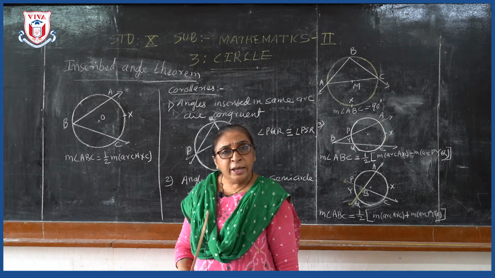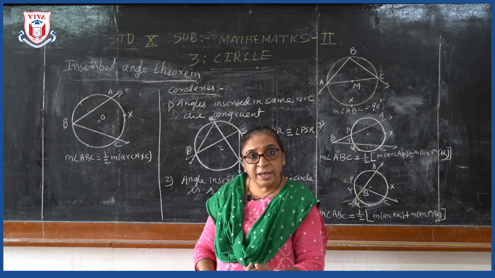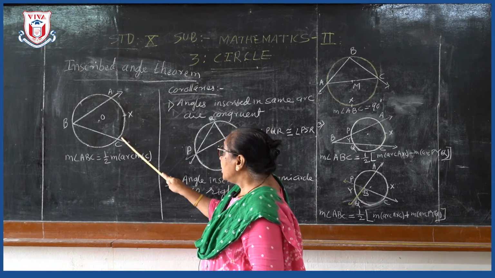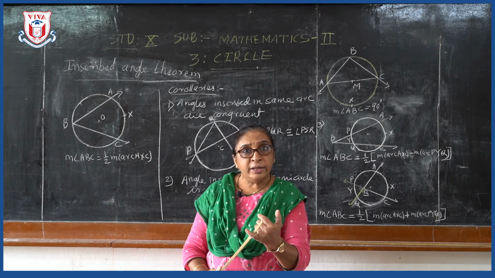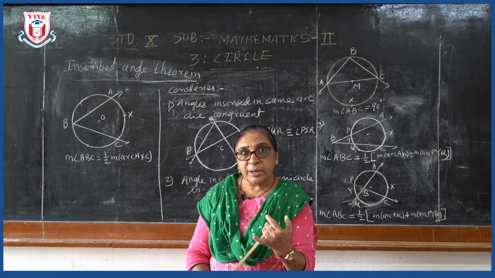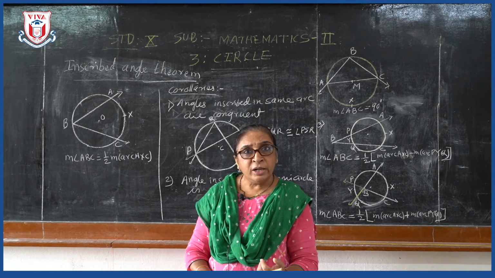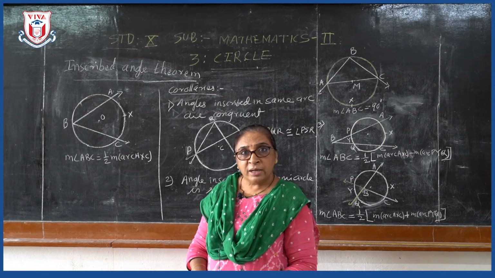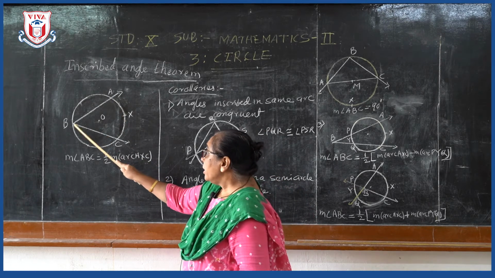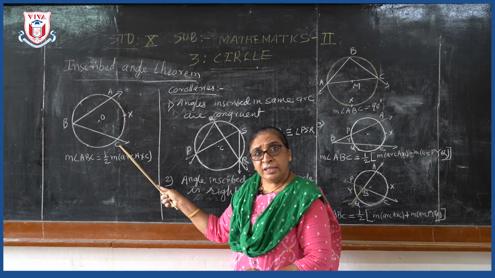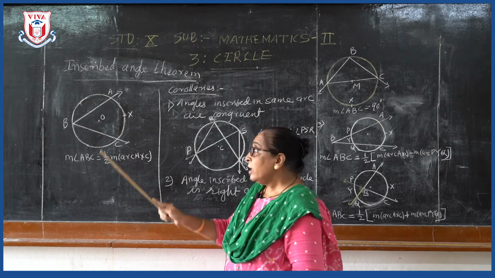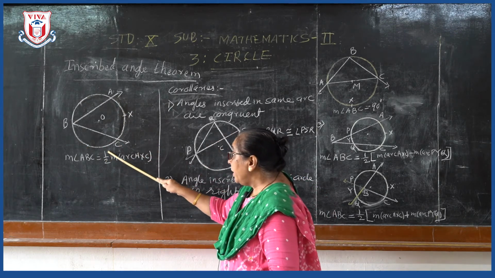So, angle ABC is intercepting the arc AXC, which is one and only one. So, only one arc has to be intercepted and the vertex of the angle should be on the circle. Then we can say that ABC is the inscribed angle, and this angle is inscribed in which arc? That is the arc ABC.